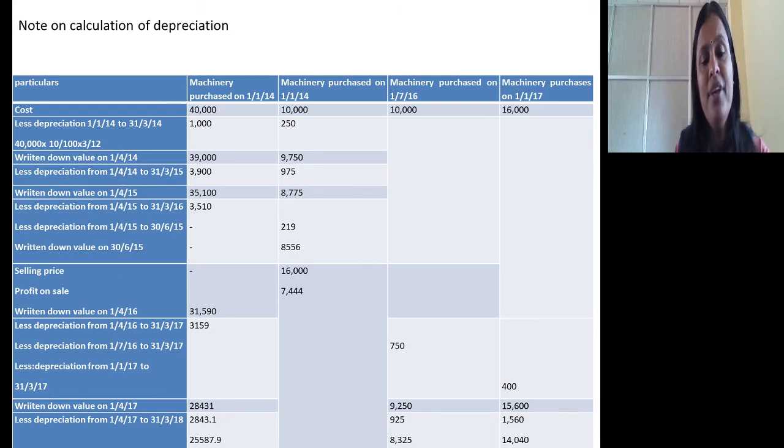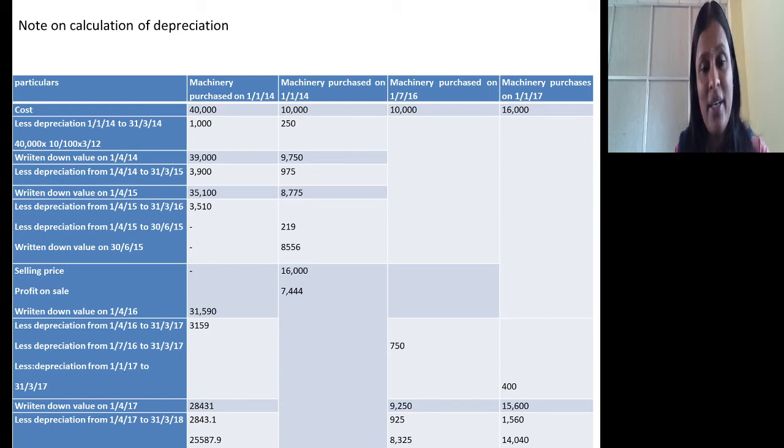So see, we arrived at the year where we are selling the 10,000 rupees machinery. As far as the 35,100 machinery is concerned, means the 40,000 machinery, we are not selling. So this machinery will be with us full year, so we are going to charge full year depreciation. Depreciation from 1/4/2015 to 31/3/2016, 35,100 into 10 divided by 100 means 3,510.